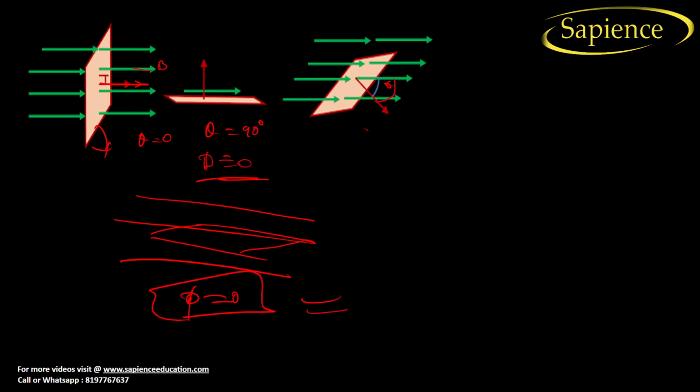Got it? And for any plane perpendicular to the magnetic field, the flux will be maximum. And if it is at an angle of theta, it will create a flux which is between 0 and maximum. So I hope you have understood this.